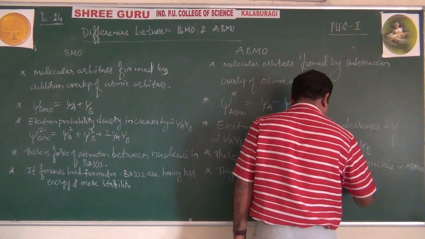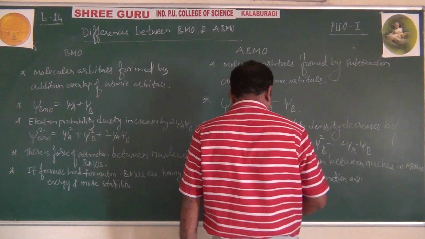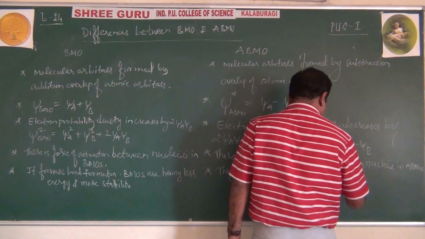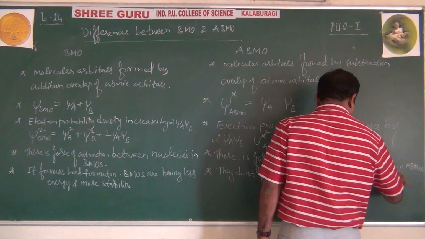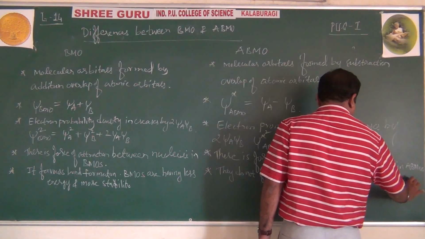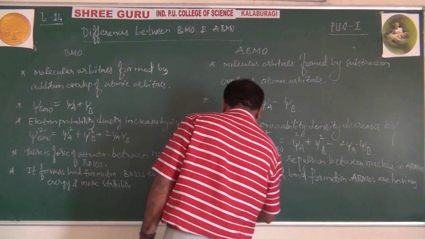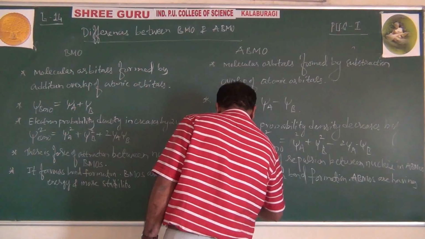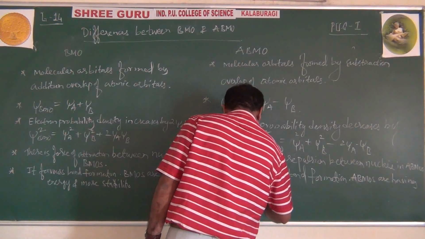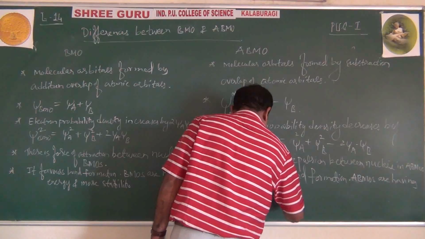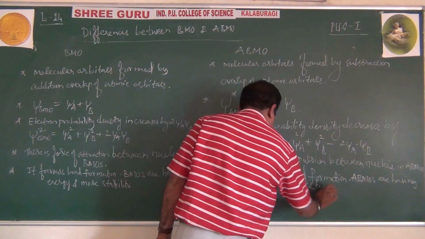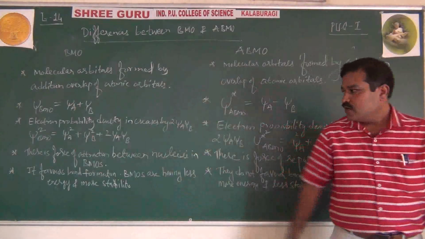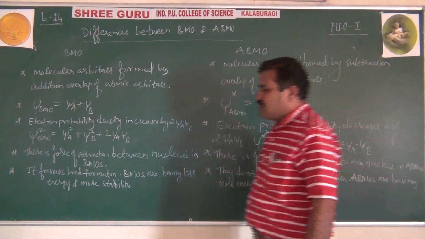And remember, anti-bonding molecular orbitals have more energy and less stability. Remember, these are very, very important differences between bonding and anti-bonding molecular orbitals.